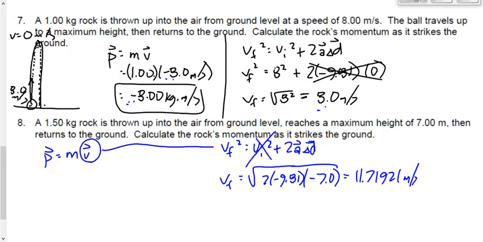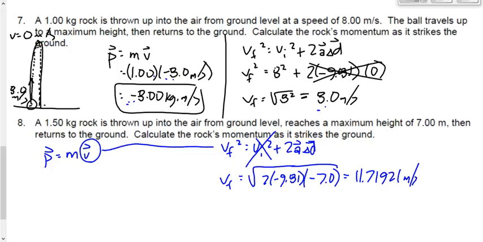What have we solved for here? Quick. Hannah, what have we solved for there? Close, the final speed. Yeah, the final speed, not velocity. What's the final velocity? Yeah, 11 down or negative 11, right?